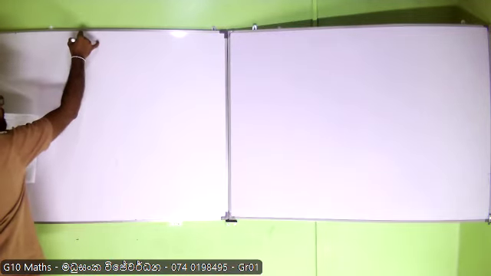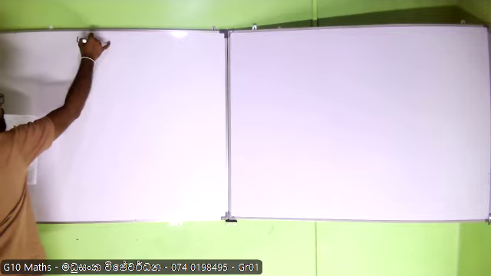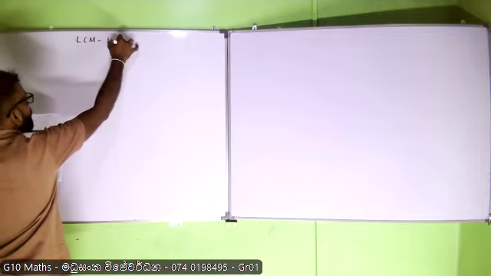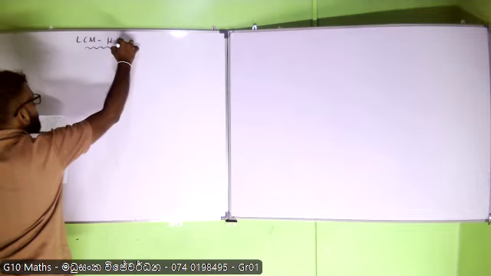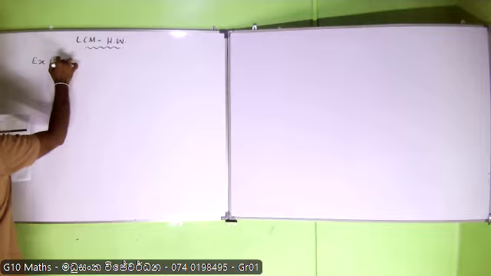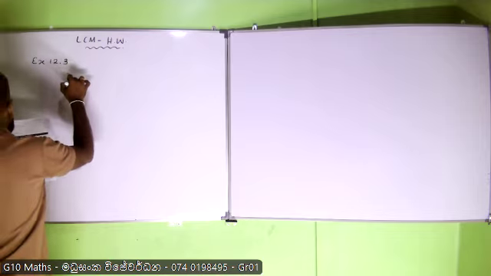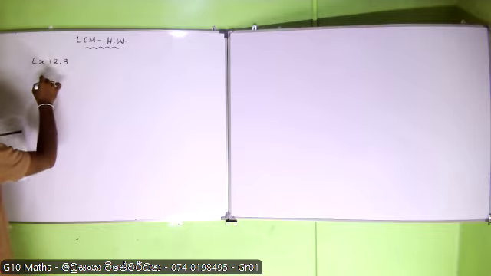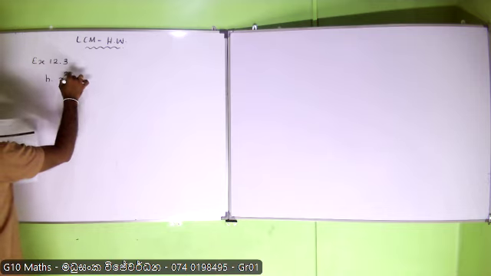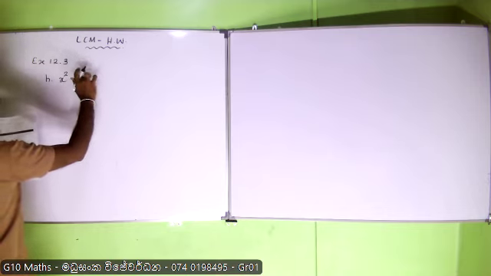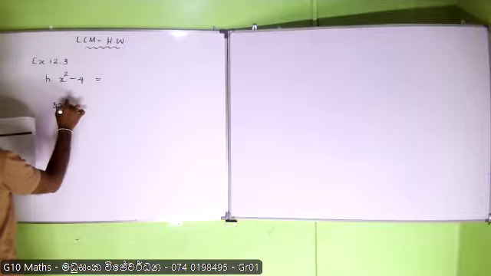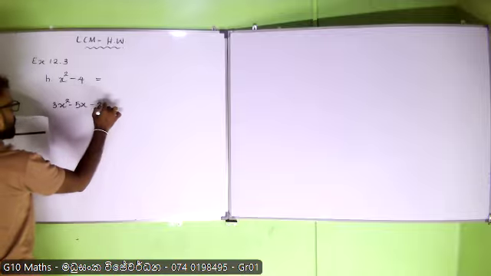This is the LCM homework, exercise 12.3, part H. So you have to factorize and find the LCM of these expressions: 3x squared minus 5x minus 2.